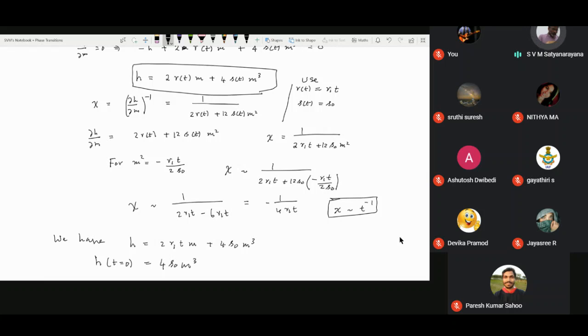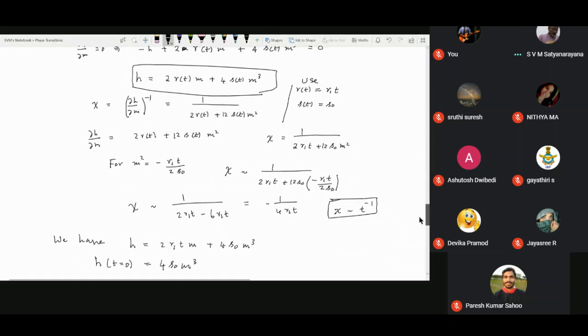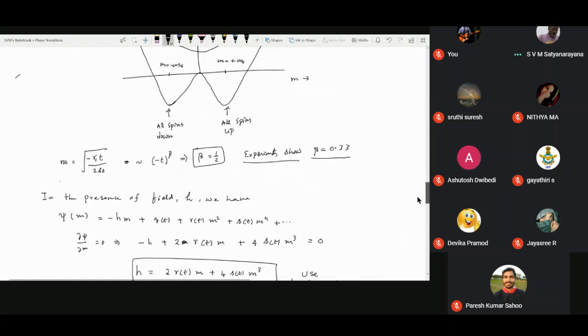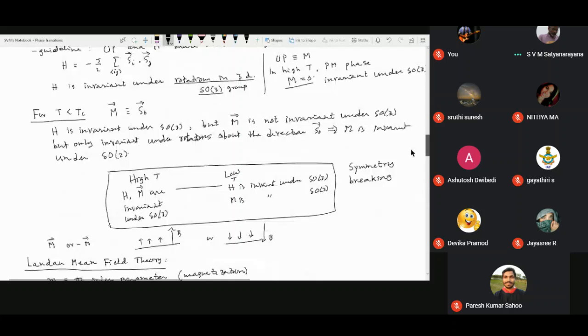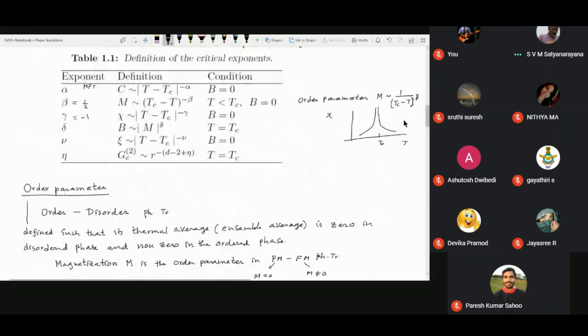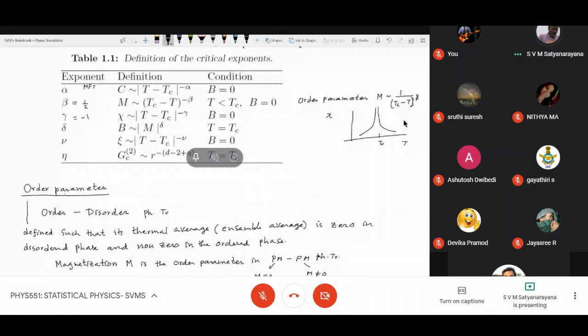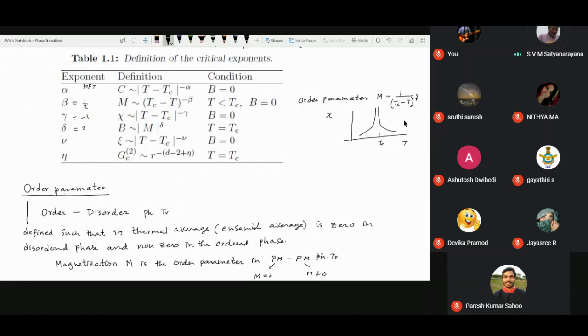In other words, if you look at this exponent, how is it defined? B is proportional to m to the power delta. So that means we have shown this delta to be equal to 3. That is proportional to m cube.